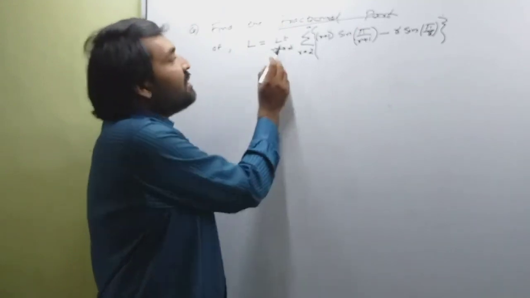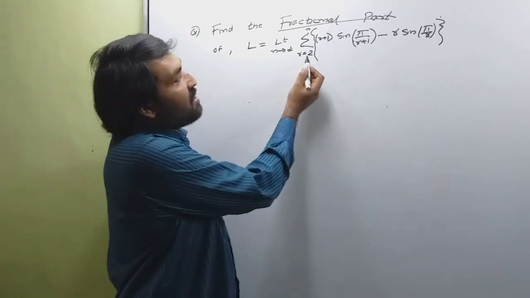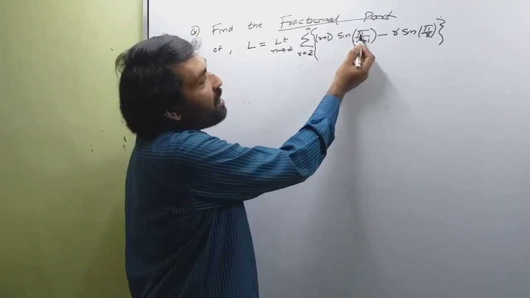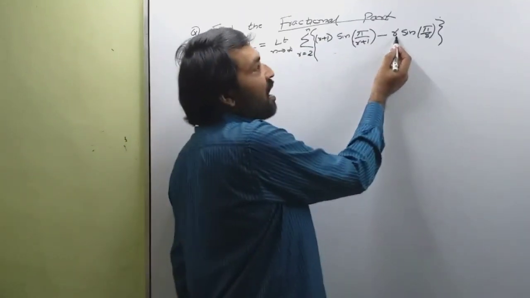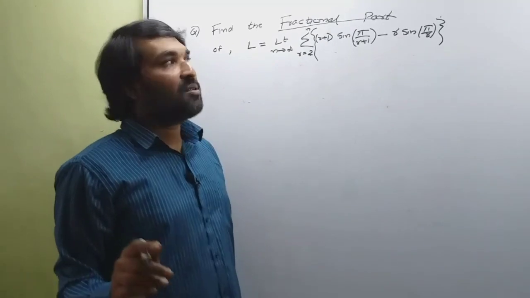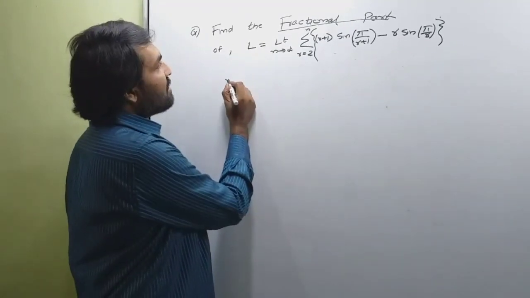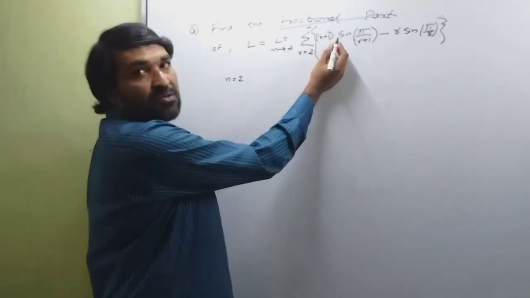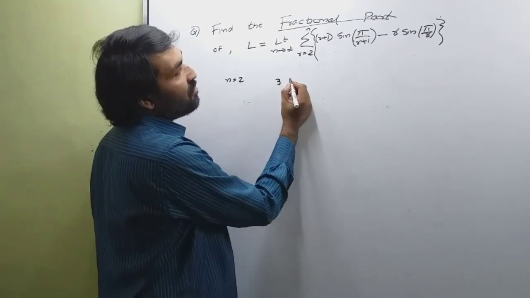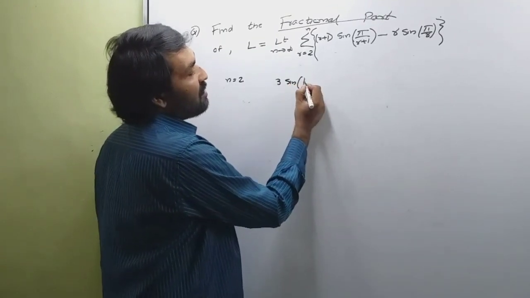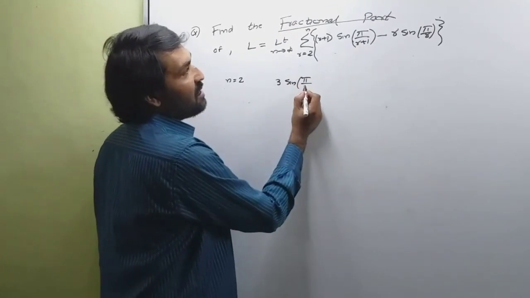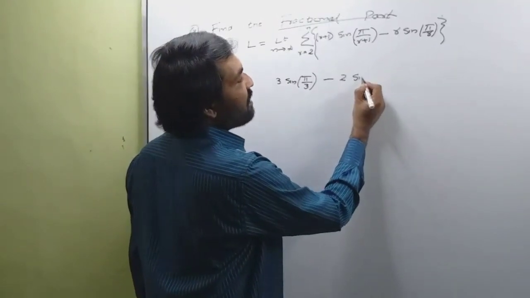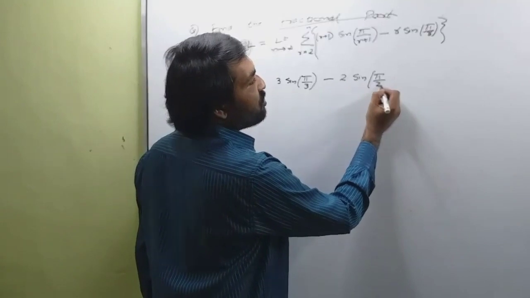Here the limit is limit n tends to infinity of summation r varies from 2 to n of (r plus 1) into sine pi by (r plus 1) minus r into sine pi by r. Okay. Now for n equal to 2, this expression becomes 3 into sine pi by 3 minus 2 into sine pi by 2.